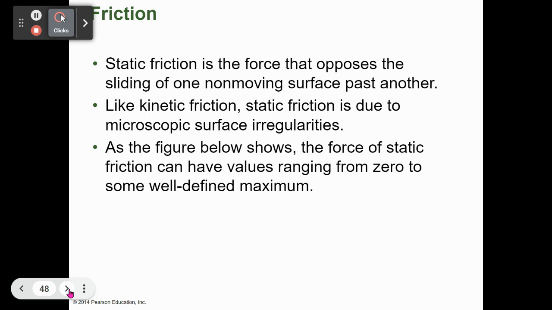Let's see if I can get an example. All right, example 5.11 is the one we're going to look at. Example 5.11. Tomorrow we'll do static friction.